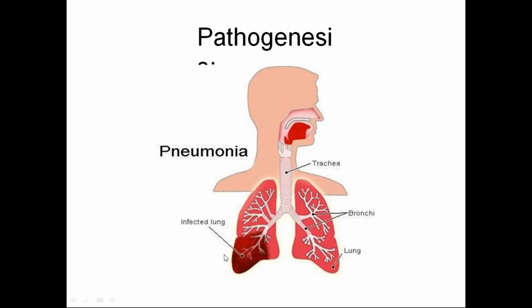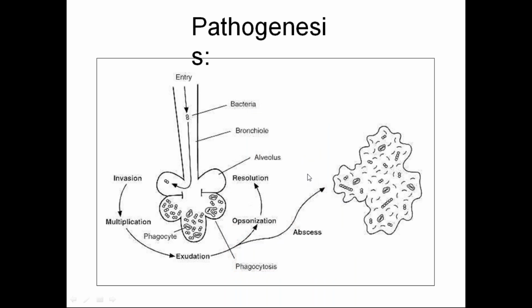So this is how the pneumonic lung looks. This is lobar pneumonia, because only one lobe is involved here. Initially, the pathogen enters into the bronchiole, then enters into the alveolus, and after invasion, it multiplies.